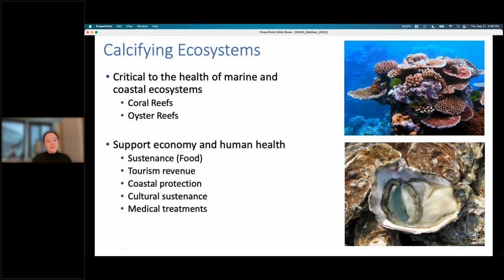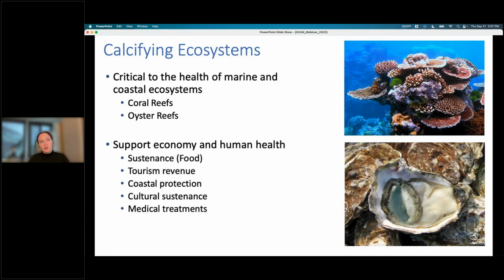They include organisms such as coral as well as oysters that support not only our economy, but also many factors of human health. They can provide income and sustenance in the form of food. They can also provide a source of revenue through tourism, as well as other ecosystem services such as coastal protection.